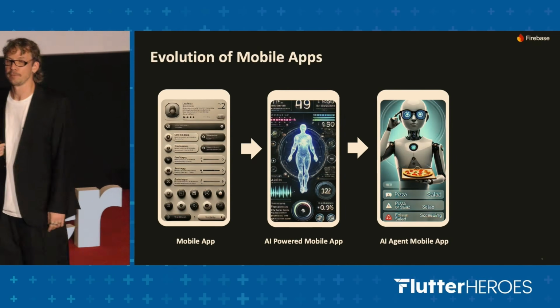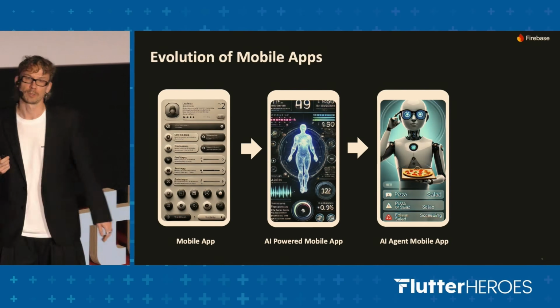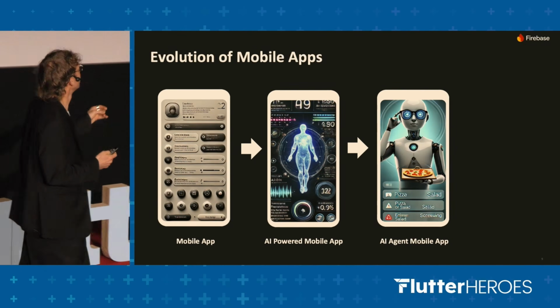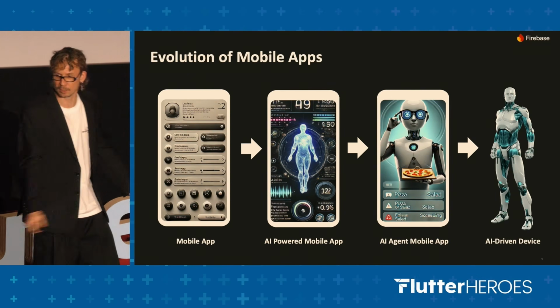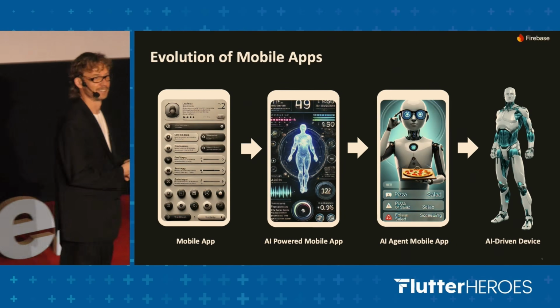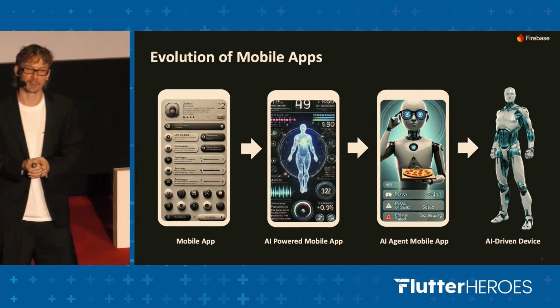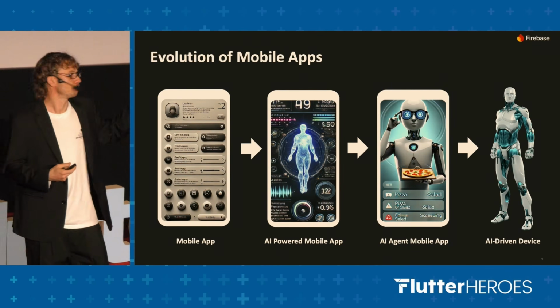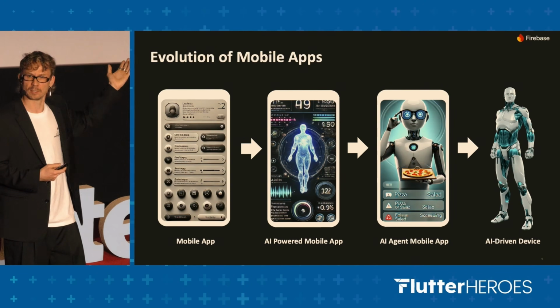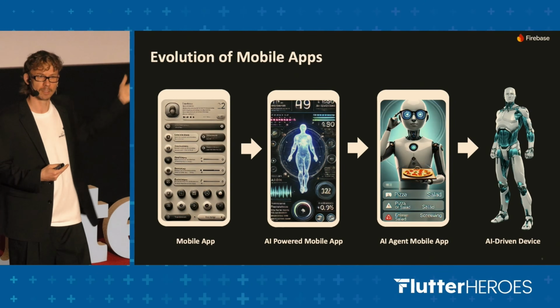And I think the future of such applications is not limited to this type of application, but I guess the next generation of AI mobile applications will be a kind of AI-driven device. So we can consider Android as a mobile device. Yeah, it's a device, it's mobile.